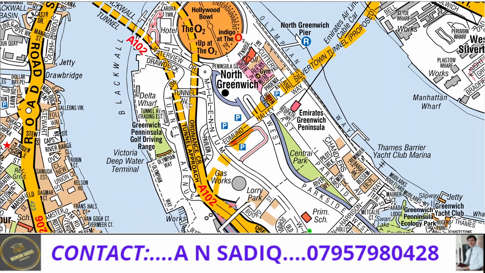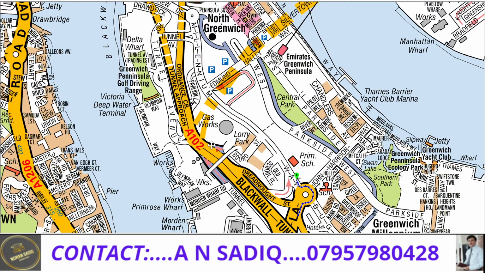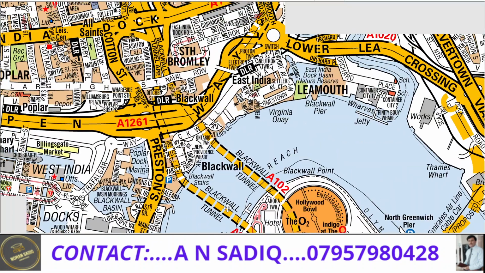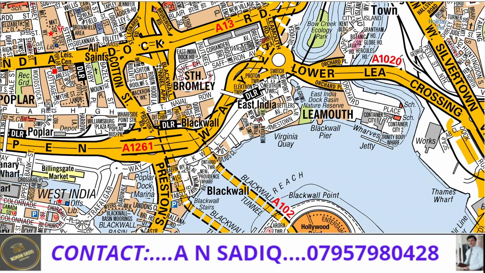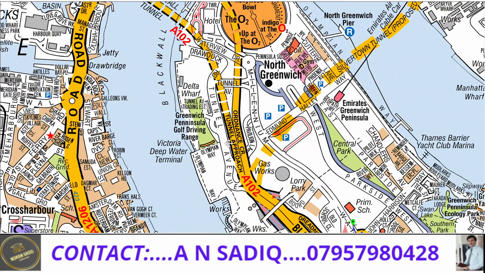Whenever you have to cross these tunnels, you have to reach the tunnel approach first. So the tunnel approach is the entry point. Also the tunnel approach is the exit point of these tunnels which pass through the river Thames. For the northern approach, here is the tunnel approach.